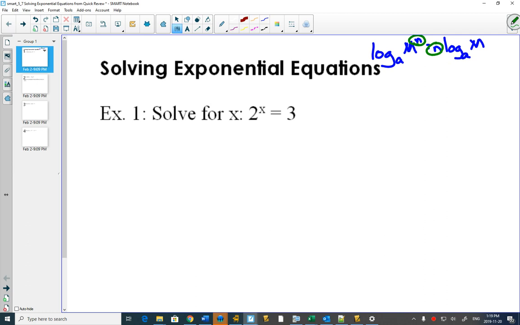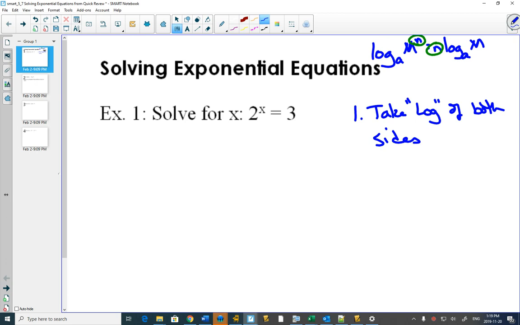So when solving these equations, and there is more than one way to solve an exponential equation, the technique that we're going to use over and over again is, first of all, to take the logarithm of both sides.